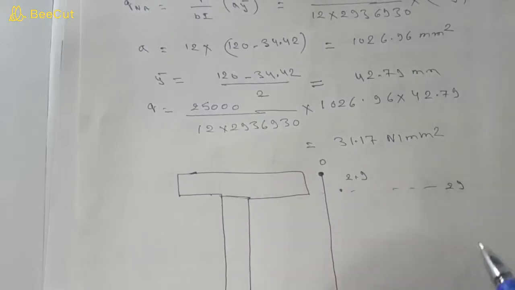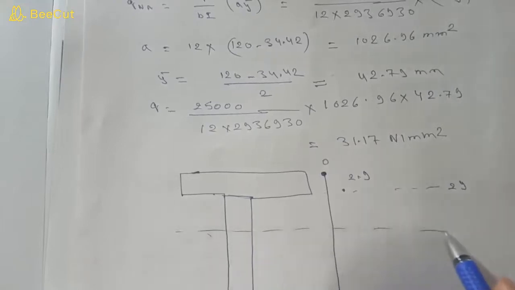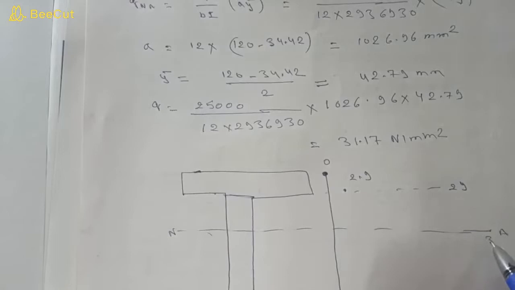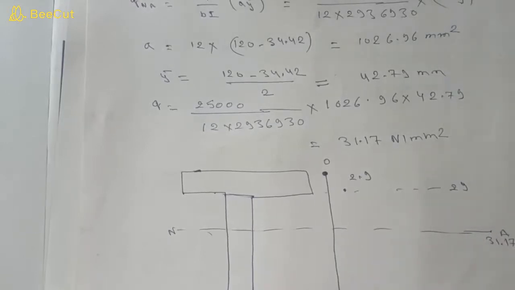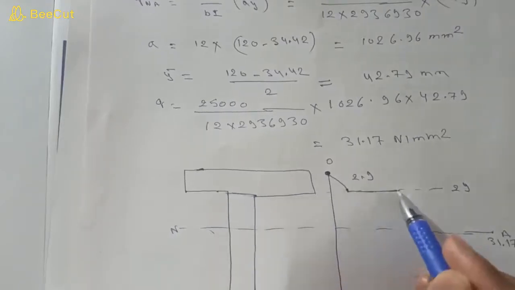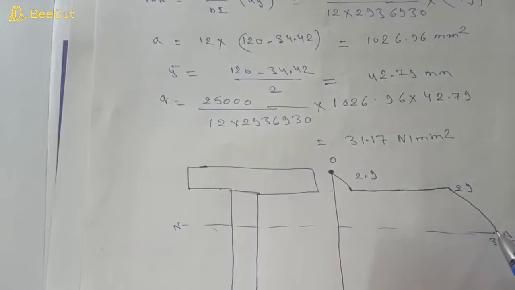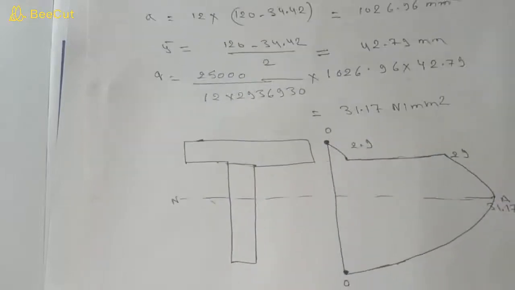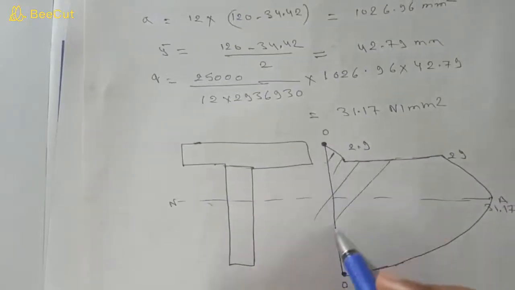At the neutral axis we have calculated 31.17, and here it is 0. So we will join these points. So this is the shear stress distribution across the T section.